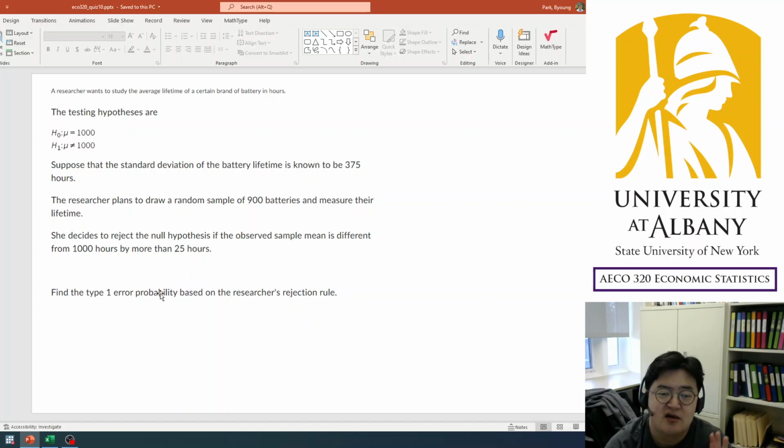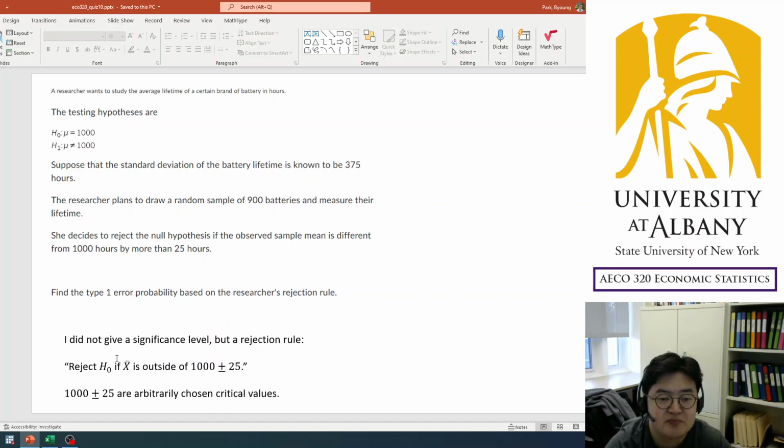So you may think, yeah, this is simple if the significance level was given. But actually, here is another trick: the decision rule is not based on the significance level in this case, right?